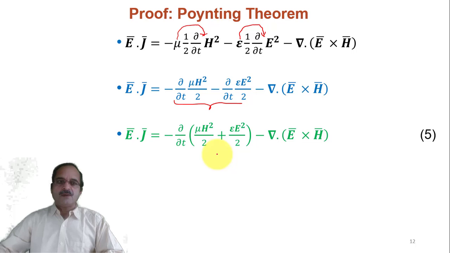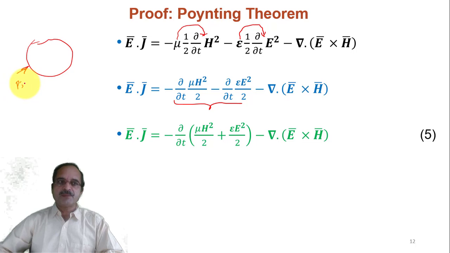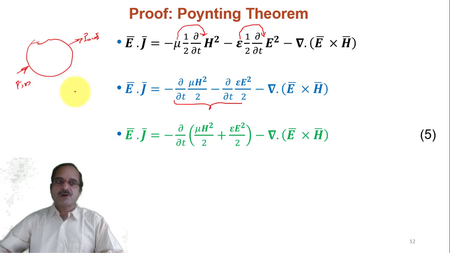Now we have seen earlier, for the given volume we are interested in finding out the relationship between the power entering, the power leaving this volume, how much power is stored inside this volume, and how much is lost inside this volume in the form of ohmic losses. So we are interested in that.